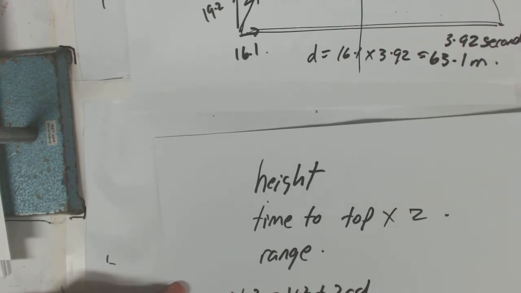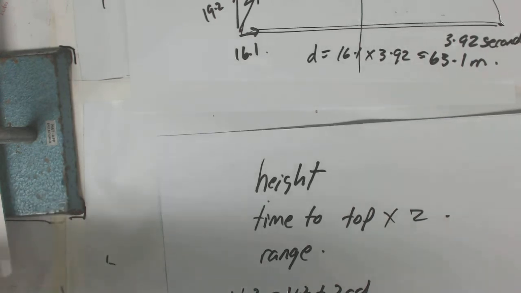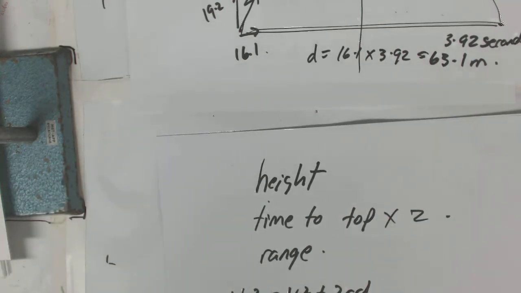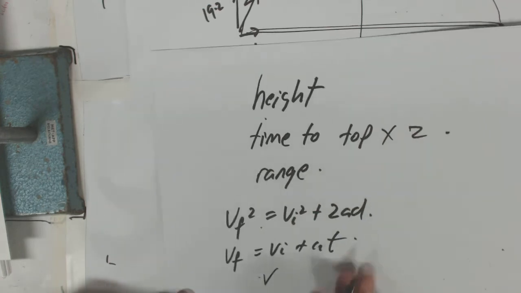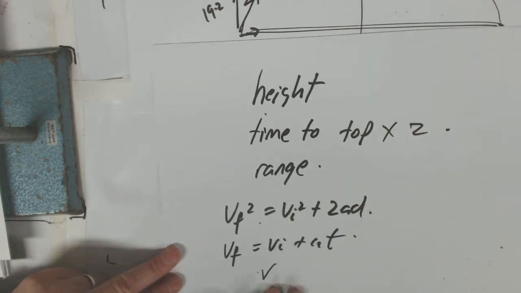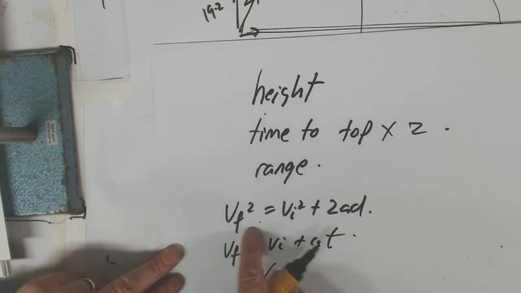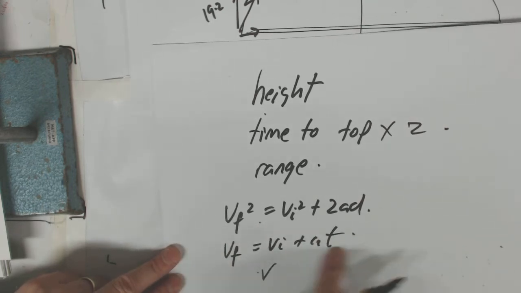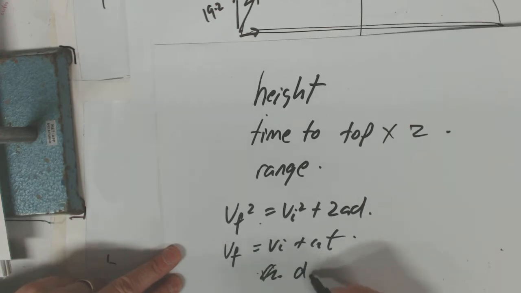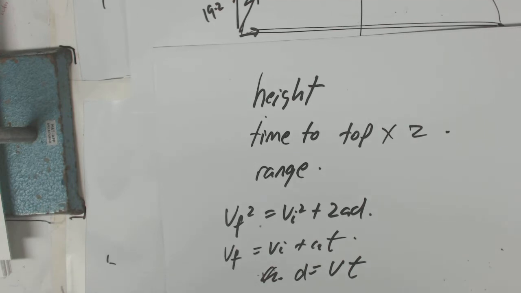We used this one to give us the time. And once we had the time, we used this one to give us the range. And those are pretty common aspects from any projectile problem.